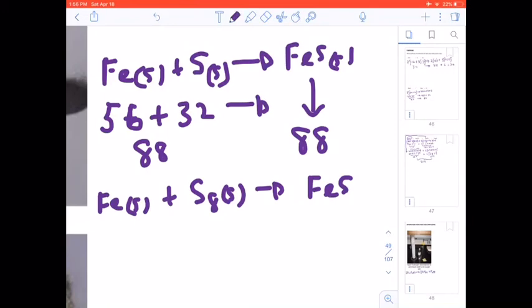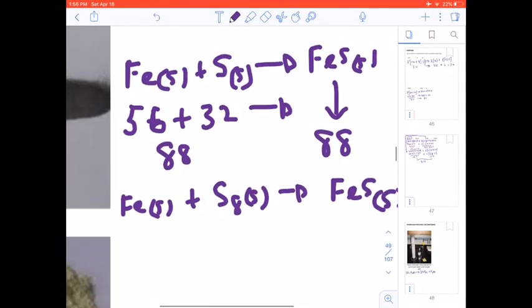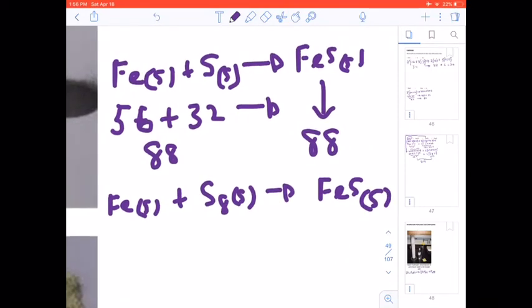The ratio in which it combines is still the same. So we put the 8 in front, which gives me 8 Fe plus S8 gives me 8 FeS.